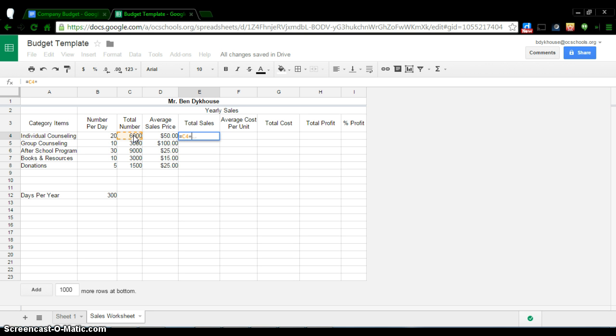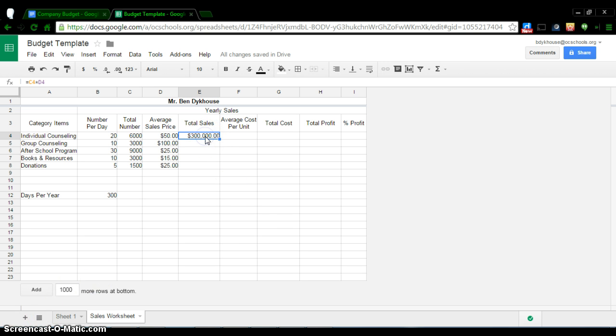So shift and 8, again, is your multiply sign. And we're going to multiply that by the average sales price. So the number in total sales is going to be the amount of money coming into my company for individual counseling. If I press enter, that's the amount of money I have there.